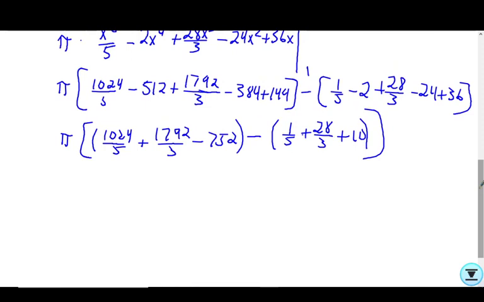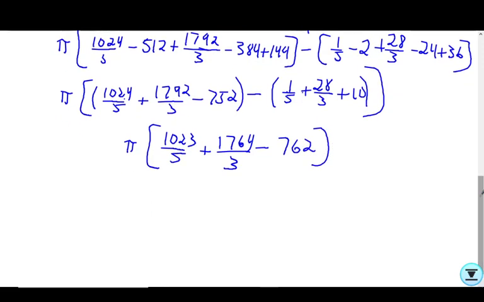Distribute the negative, add up your like terms. So you get pi, and then 1023 over 5, because I have this 5 minus 1/5, plus this minus 28, which is 1764 over 3, minus negative 752 minus 10, which is 762.